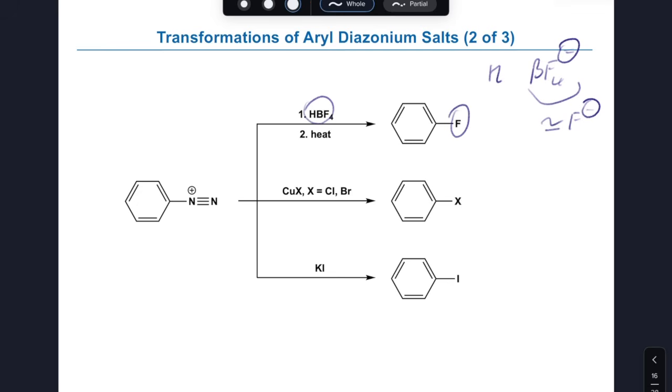And again, this is one of the first reactions we've encountered that allows us to install a fluoride into an aromatic group. Almost any copper salt, as I mentioned before, including things like copper chloride and copper bromide, allow us to put a halogen into that center, so this could be bromine or chlorine. Iodide is typically done simply with potassium iodide, where you're just adding a source of I minus into the system.